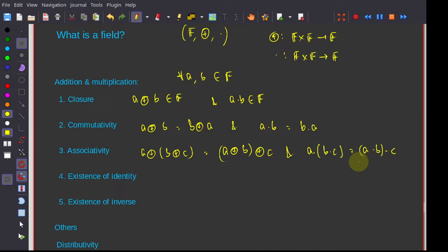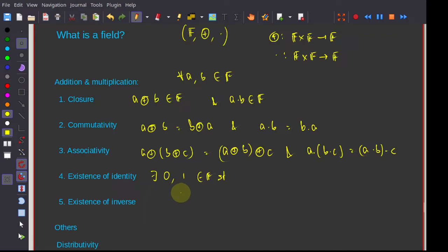And in addition, there should be an identity element. There should be an additive identity and a multiplicative identity. I'll call the additive identity 0 and the multiplicative identity 1.